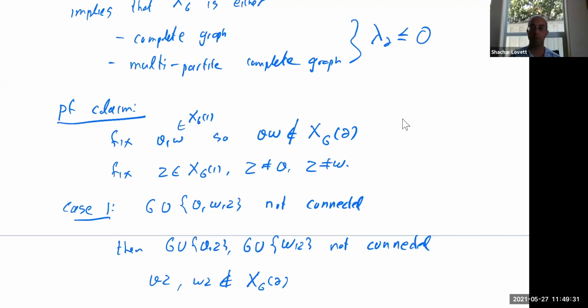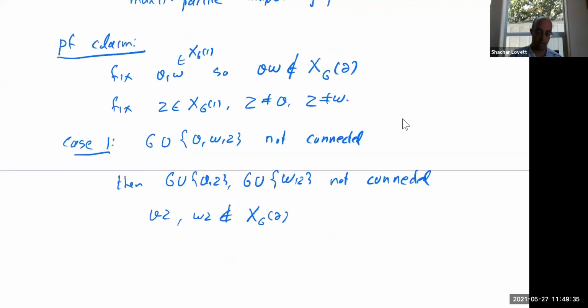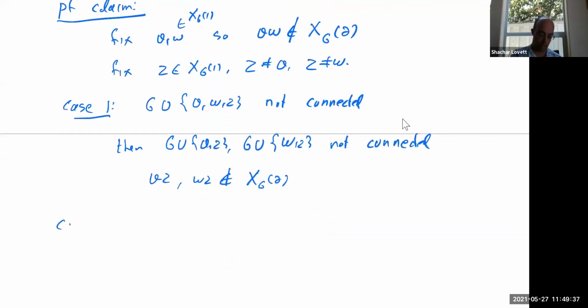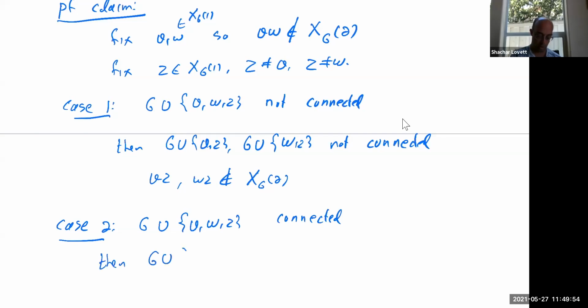Any questions on it so far? The second case is what if sigma union V, W, Z is connected. In this case, I claim that sigma union VZ and sigma union WZ are connected.